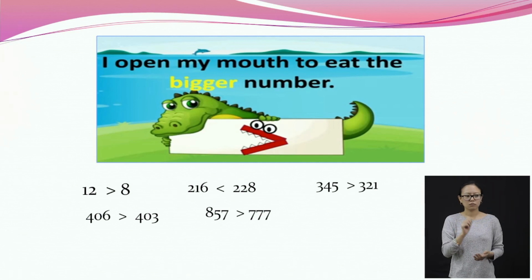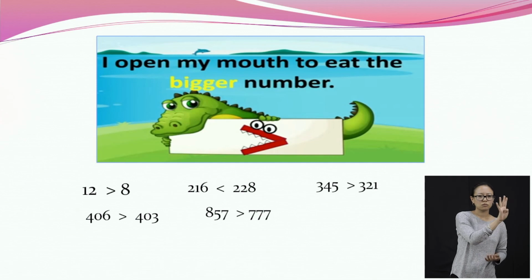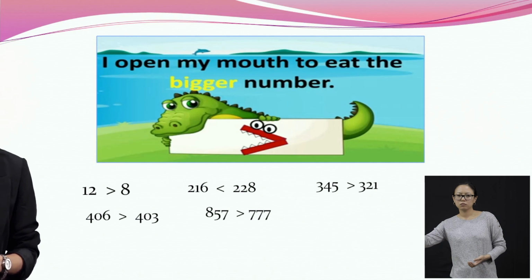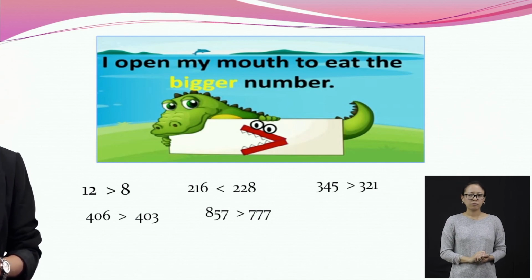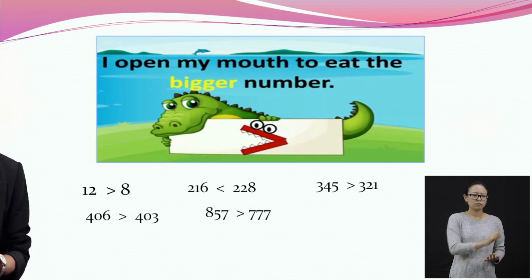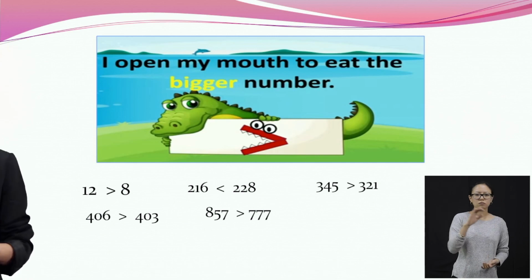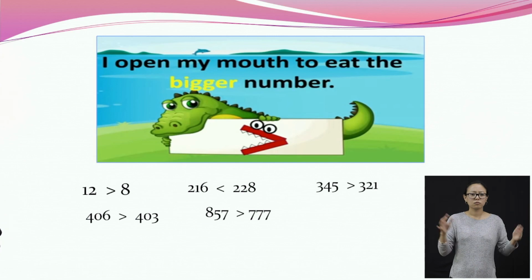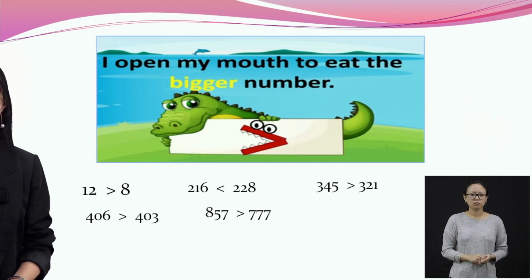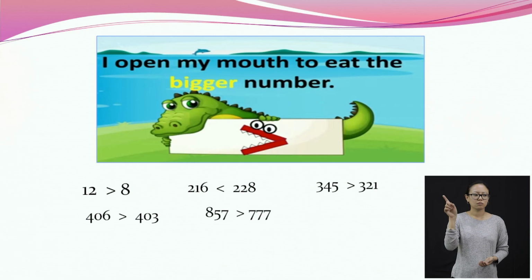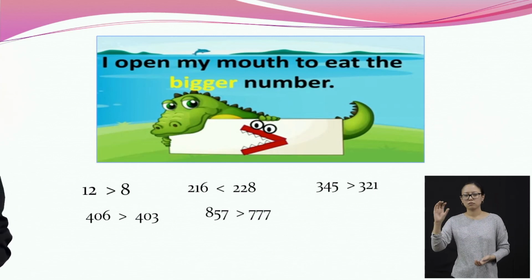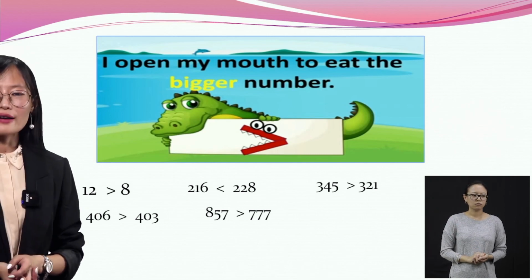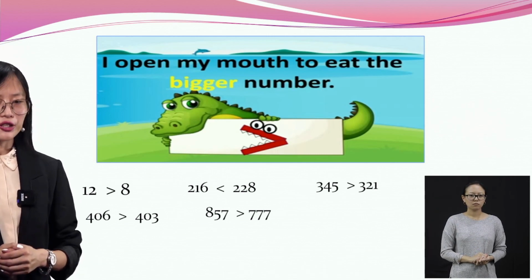So we read it as 345 is greater than 321. Now we have 406 and 403. Which number is greater here? 406. The open end is facing towards 406, and 406 is greater than 403.